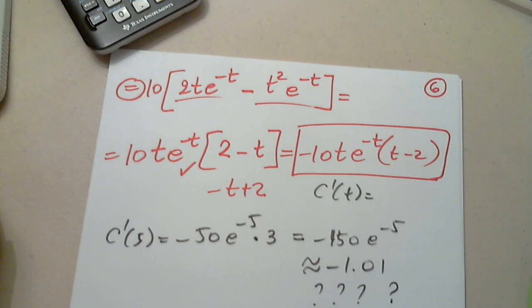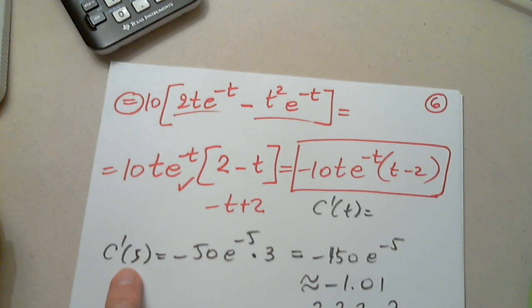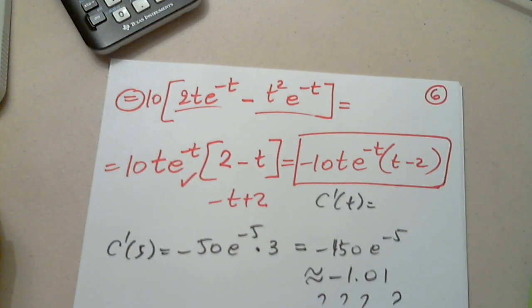Anyone? Yes? Where did you get that 3 from? 5 minus 2. Oh, measurement unit. Anyone? Please? Parts per million. Careful.